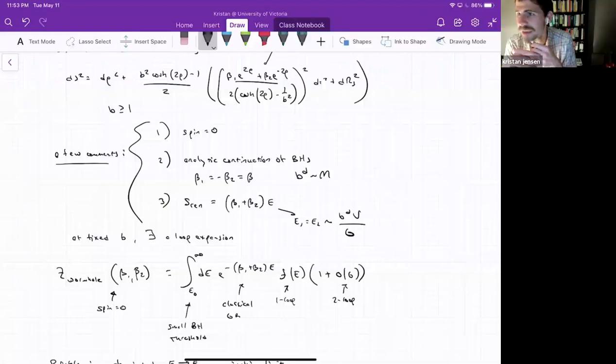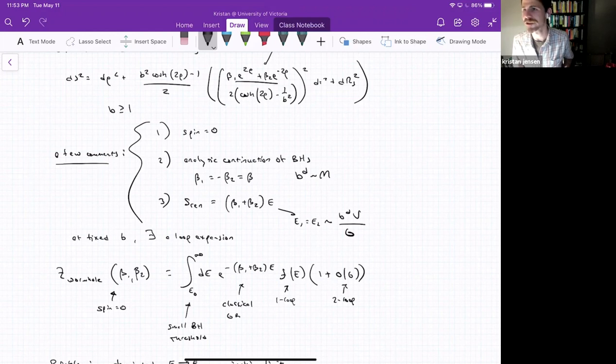Well, analytic continuation is an art, right? In principle, it seems like one should be able to get, for instance, spinning wormholes this way. In practice, maybe we're just bad at it. We haven't been able to do it yet. I see.